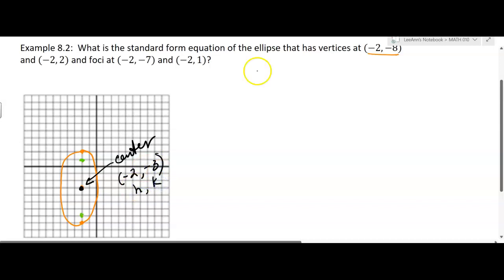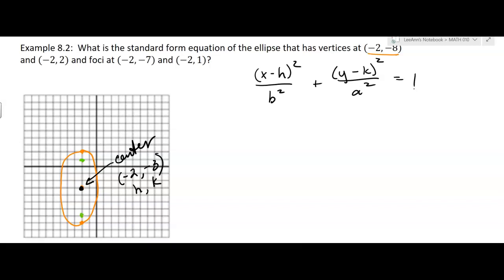All right, the goal is to get (x minus h) squared over b squared plus (y minus k) squared over a squared equals 1. And now we know what h and k are, just from the graph. We also know this distance right here. We just figured that out a minute ago, that was 5.